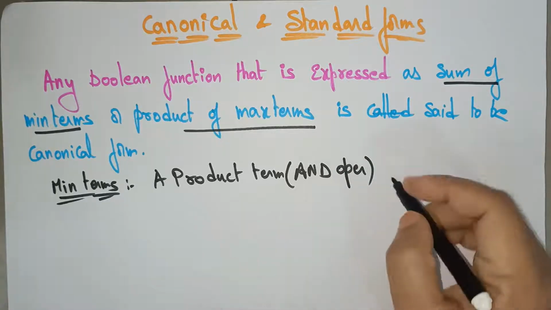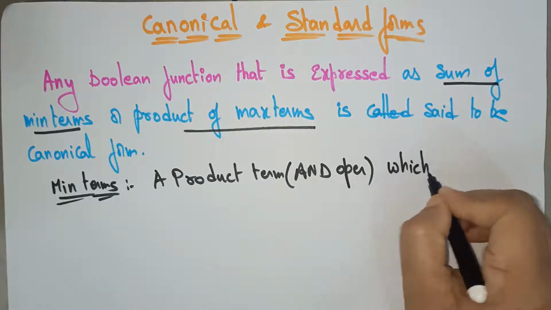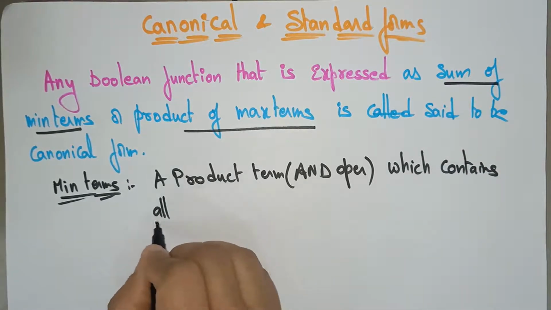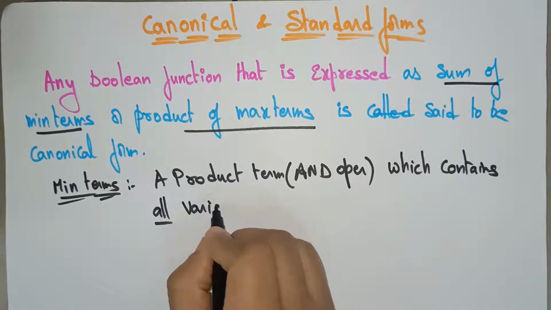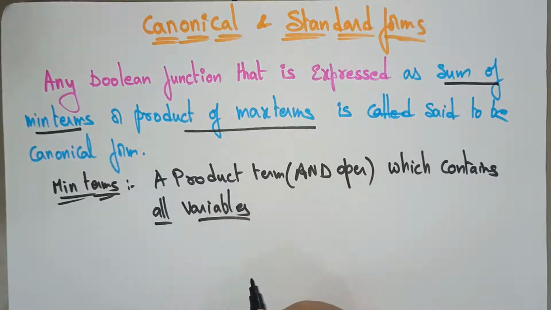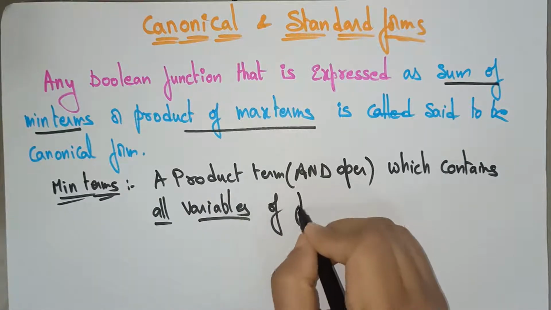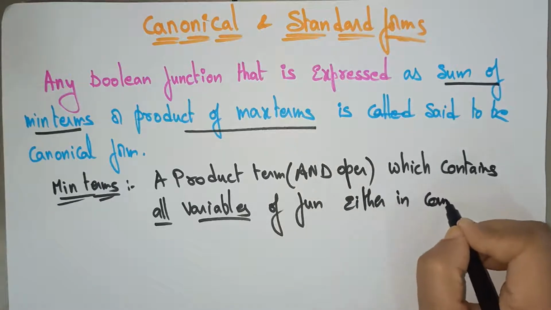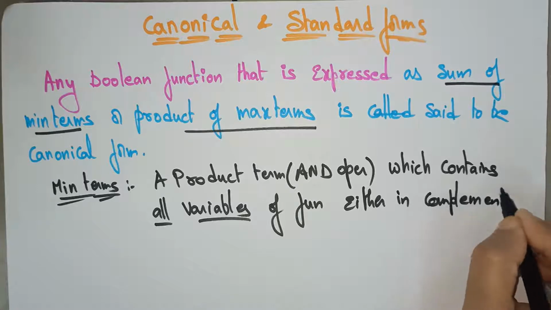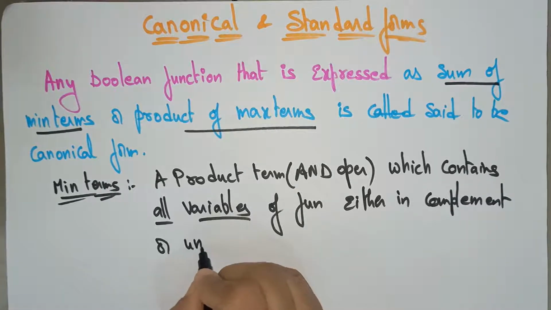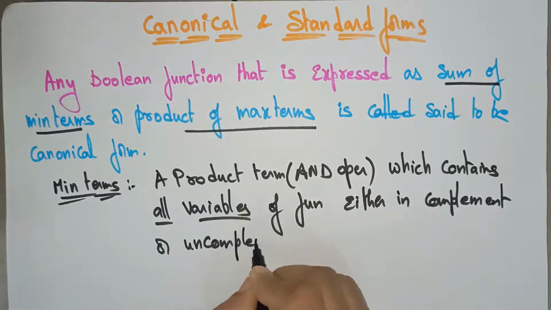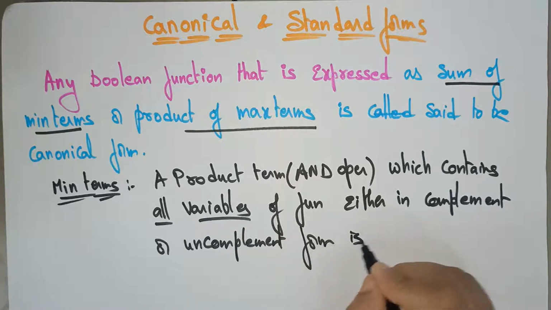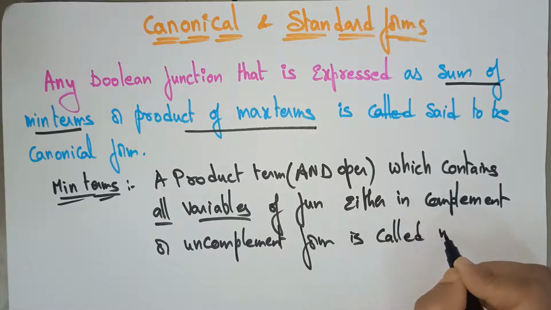A product term which contains all variables. Remember students, it should be all variables. All variables of the function either in complement form or uncomplement form is called min terms.